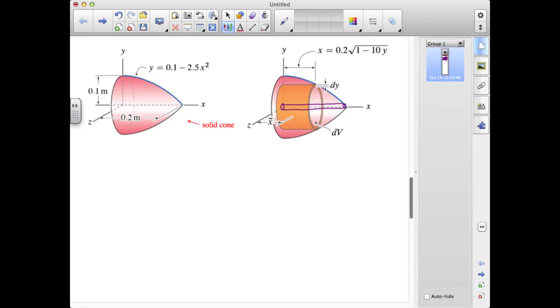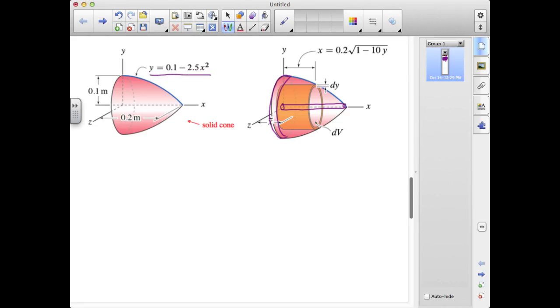The differential element shown in the figure is kind of intermediate between the tip and the base, and then as we get towards the base, our cylindrical shell element is going to look more like a pancake. So we have both radius and height that are changing with y. What we have to do for the height is simply invert the expression that we had here describing the bounding curve.